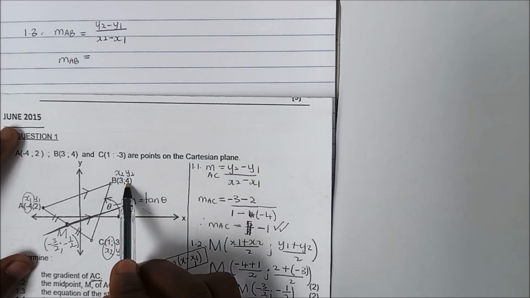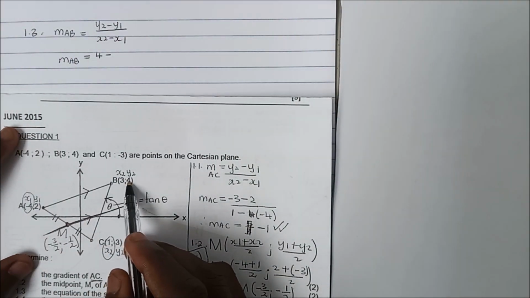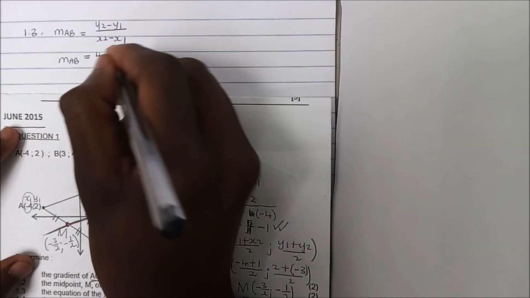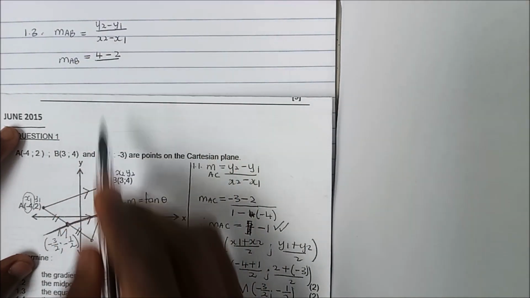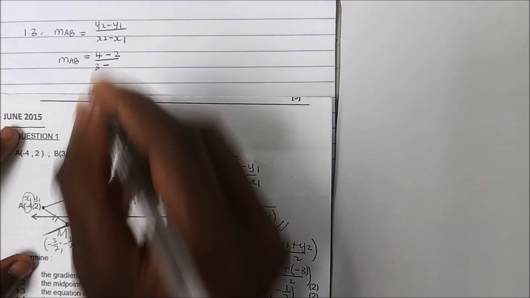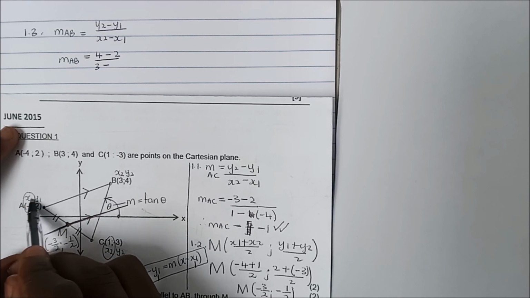What's going to be our y2? That's 4 minus, and then our y1, there it is, that is 2, over, and then our x2 from the naming, that's 3 minus, and then what is our x1? There's our x1, that's negative 4.